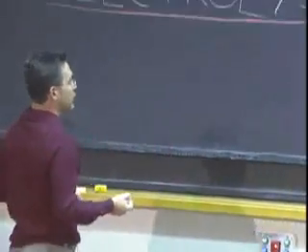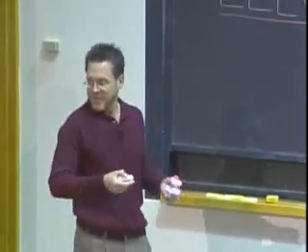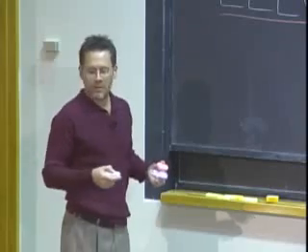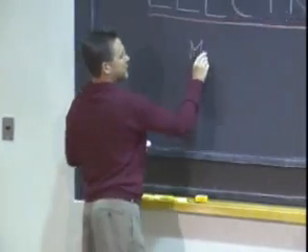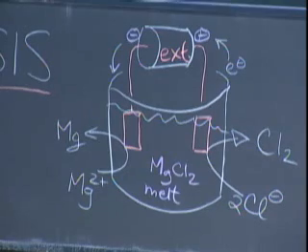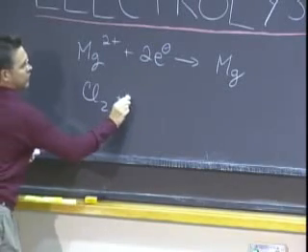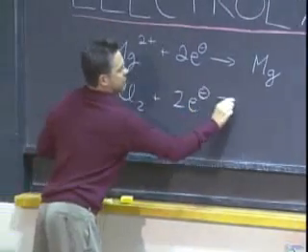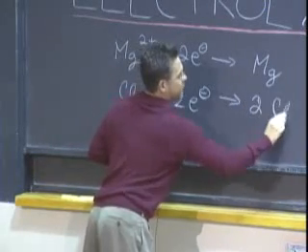And just how great must that external potential be? Well, Christine, could you locate for me on the table there the potential for magnesium 2+ plus 2 electrons going to magnesium, and the potential for Cl2 plus 2 electrons going to 2 Cl-.